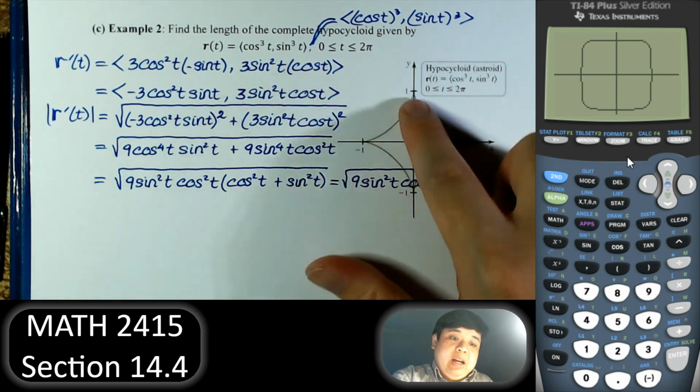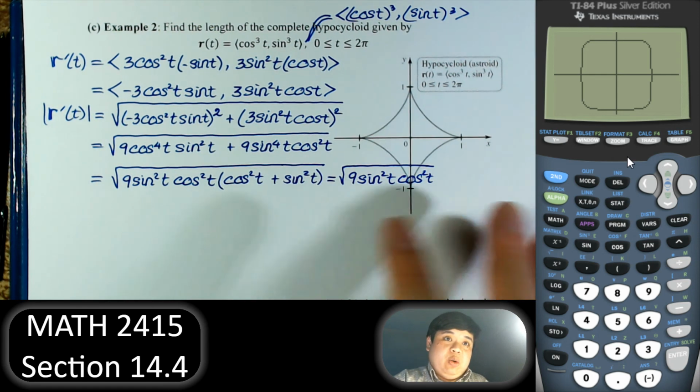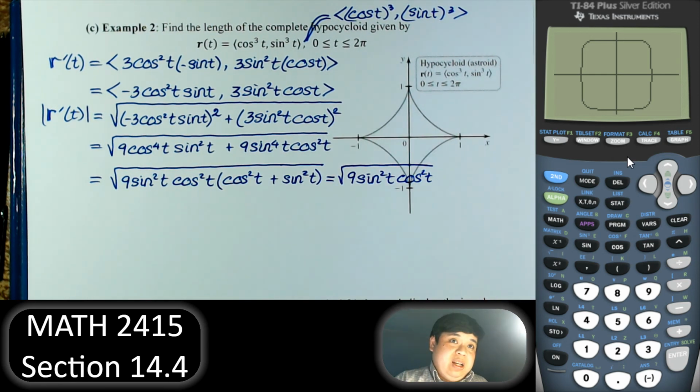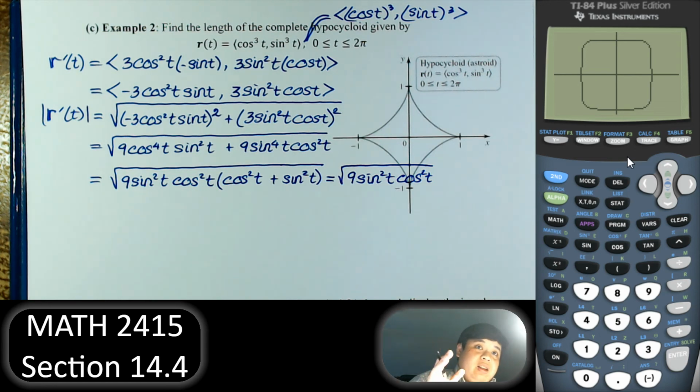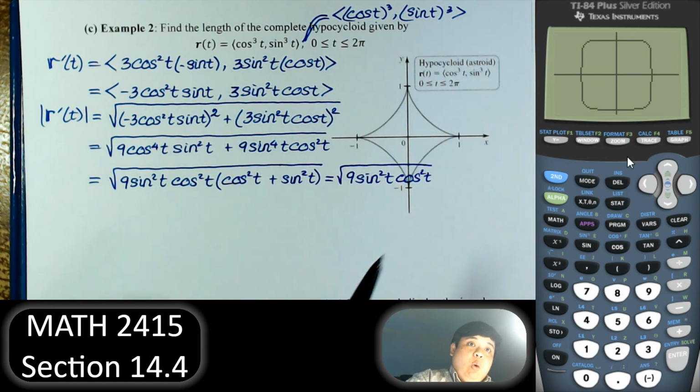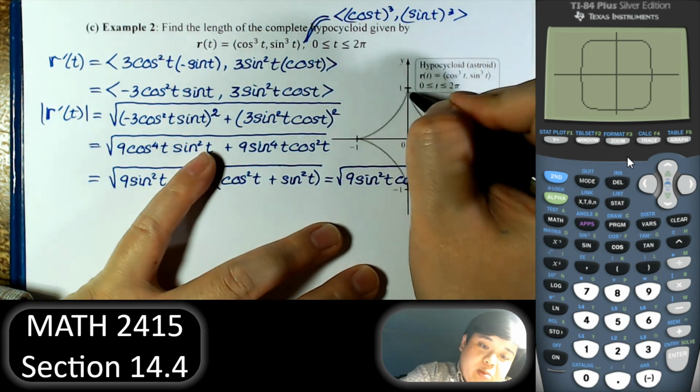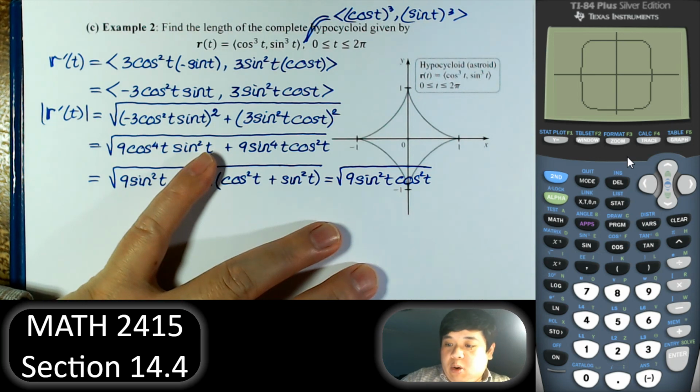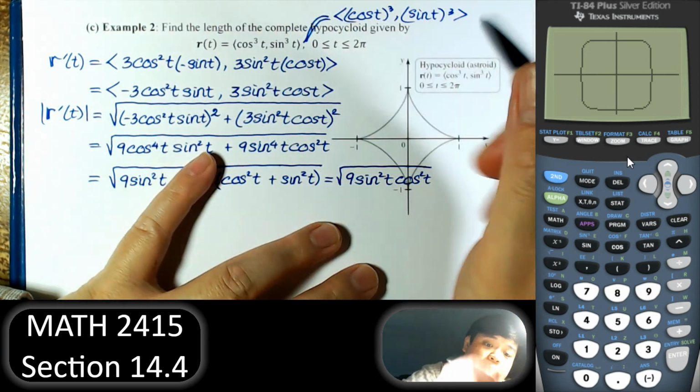If t is in the second quadrant, then sine and cosine may be positive, may be negative. That's why, in this case, if I want to find the arc length of the whole thing, I find the length of one part and multiply by 4.